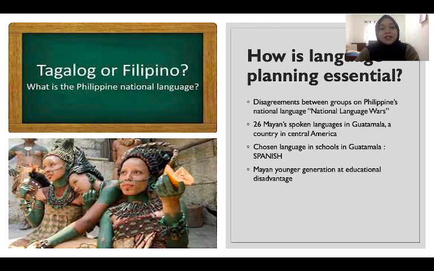So as a result, a lot of the Mayan younger generation is at an educational disadvantage. They cannot learn really well because of these language boundaries. Okay, so this is why language planning is essential.